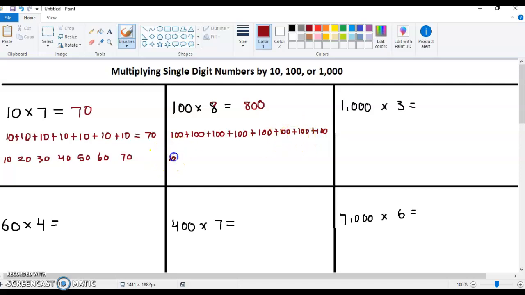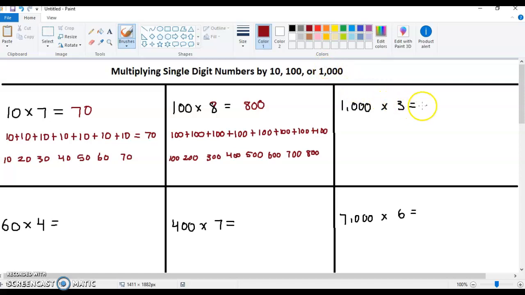Or you could skip count: 100, 200, like this. And you'll notice each time it's still 10 times greater than anything in the tens place value, because there's another zero. Then you just follow the same pattern for the thousands.